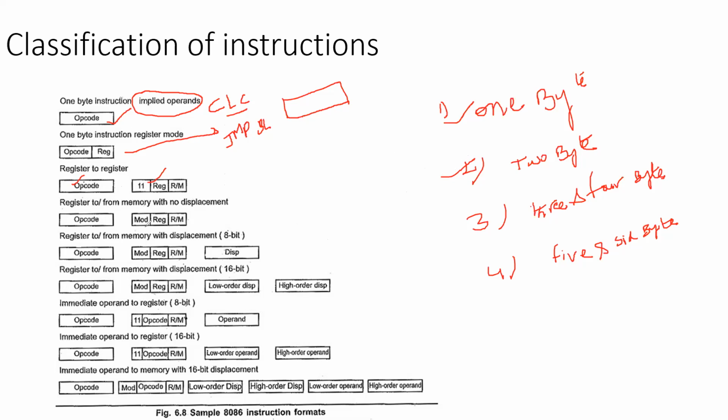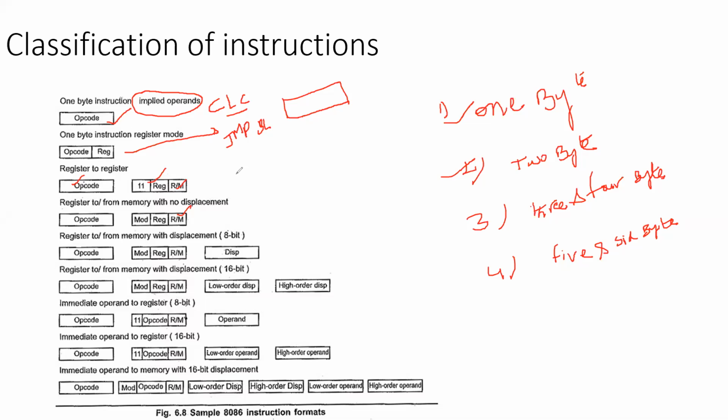So these two come under the 2-byte instructions, because the first byte will be the opcode and the second byte will have either a register or memory or anything, but will not have any displacement.